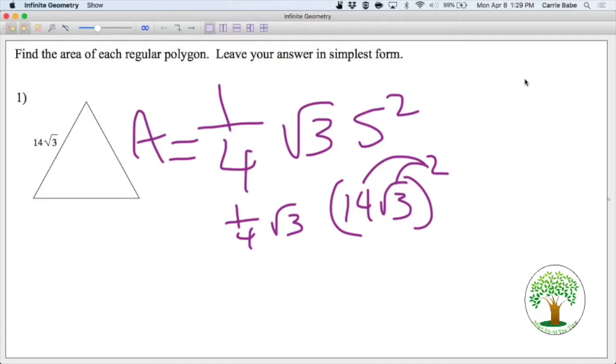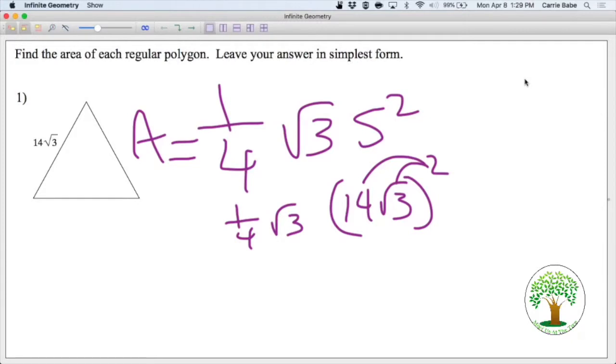And then the square root of 3 squared just takes off the square root, so it's just 196 times 3. Now, you could forget the square root of 3 for a minute, and then multiply by 1/4 or divide by 4.